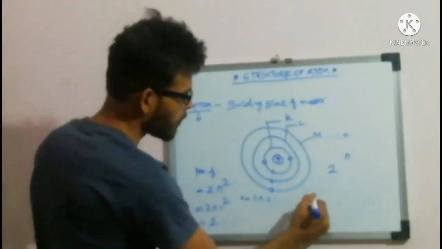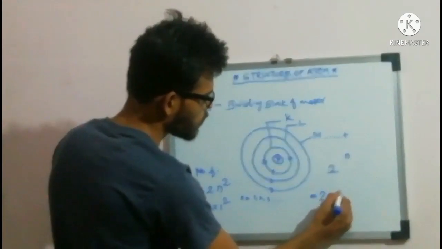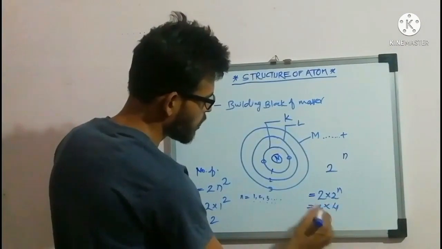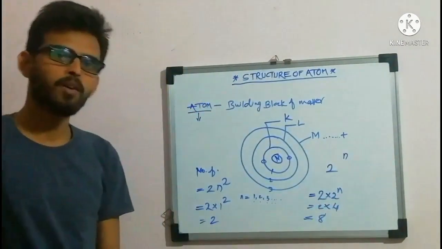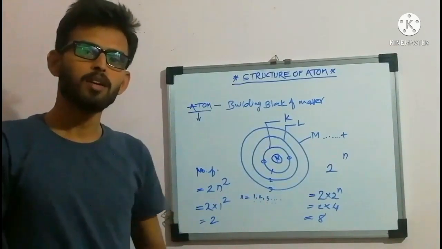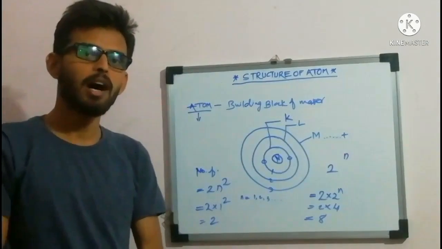Now let's take shell number 2, n equals 2. 2 into 2 squared equals 2 into 4 equals 8. It means in the second shell, that is the L shell, the number of electrons that can remain in that orbit is 8.